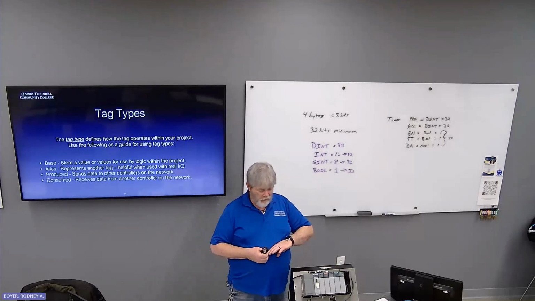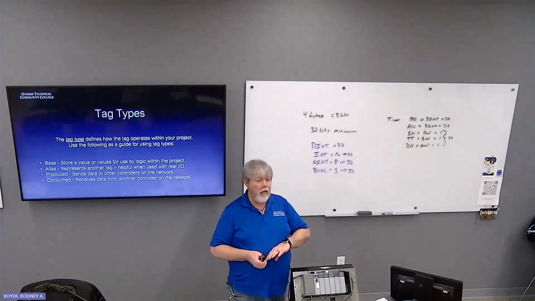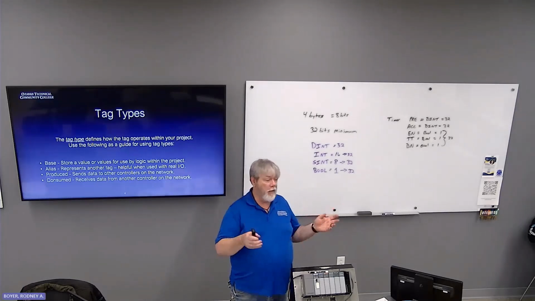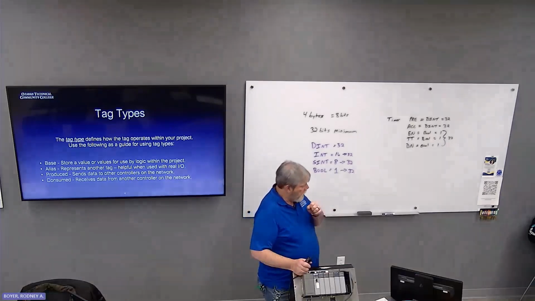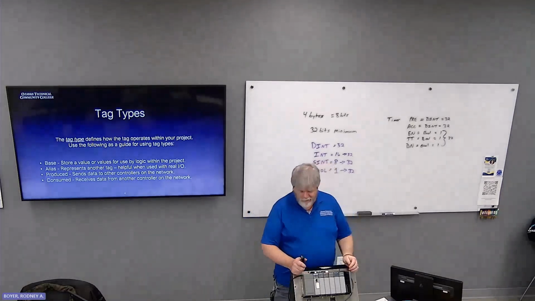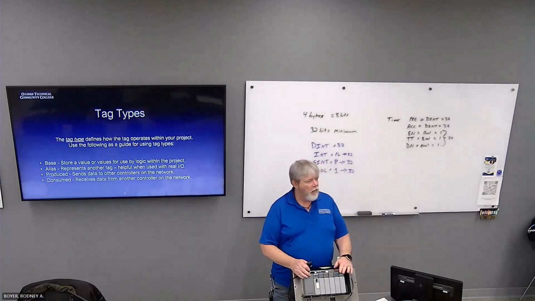So instead of trying to remember Local:1:I.0.Data.0, we're going to call it start push button or stop push button, green light, whatever it is. That's the beauty of tag-based programming, is you get to call it stuff that makes sense to people.